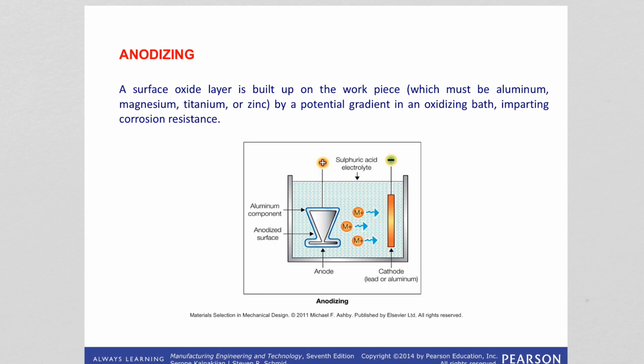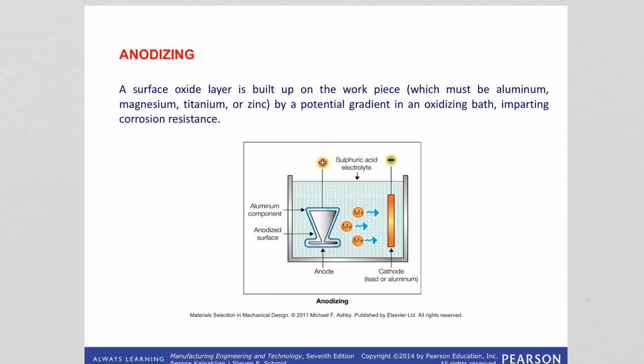You see sulfuric acid electrolyte, and we are passing an electric current through the medium, and a cathode is mounted to the inside of the anodizing tank, and aluminum acts as an anode here, as I said, so that the oxygen ions are released from the electrolyte to combine with the aluminum atoms at the surface of the part being anodized.